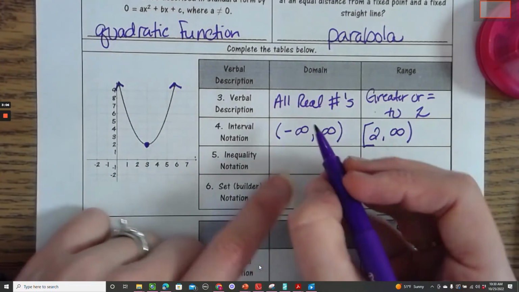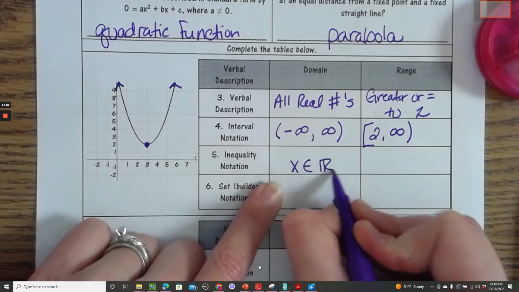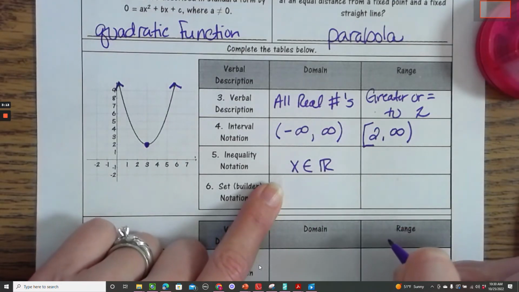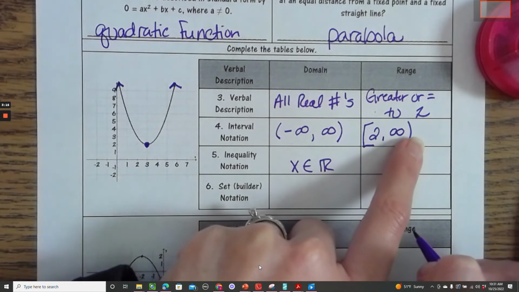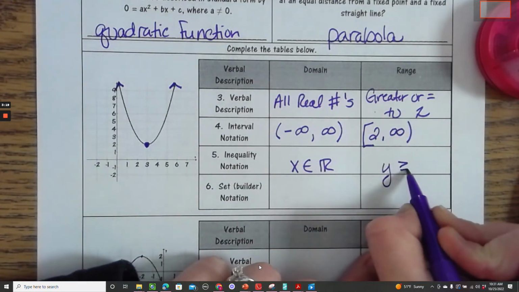As an inequality, if it's all real numbers, we just write x is a member of the set of all real numbers. But if it's an actual inequality, if it's just one number, so y greater than or equal to 2.